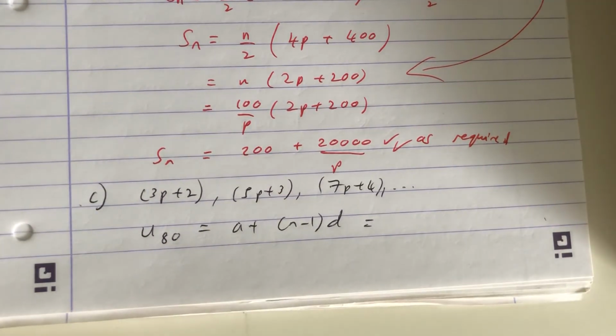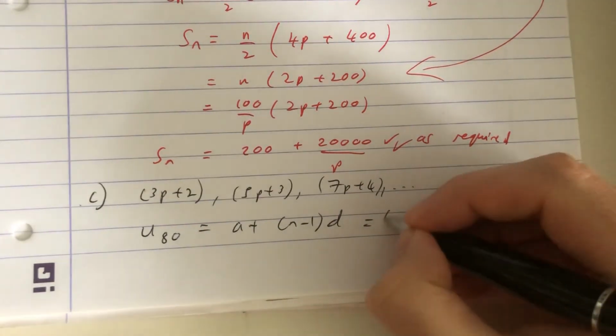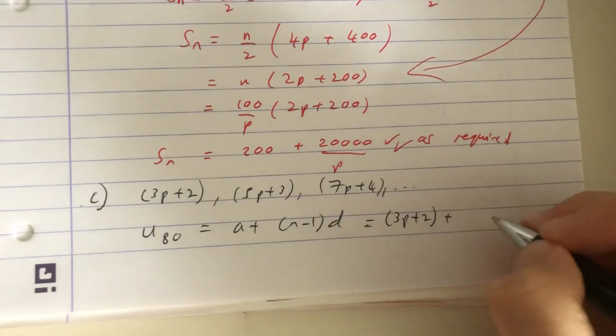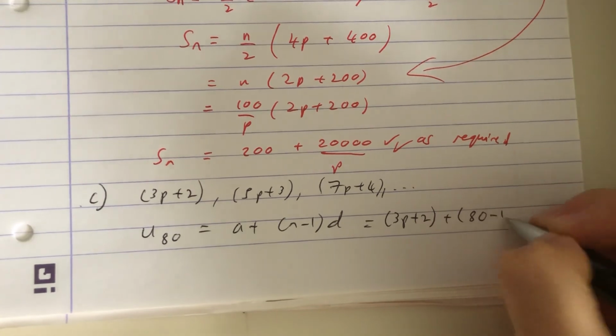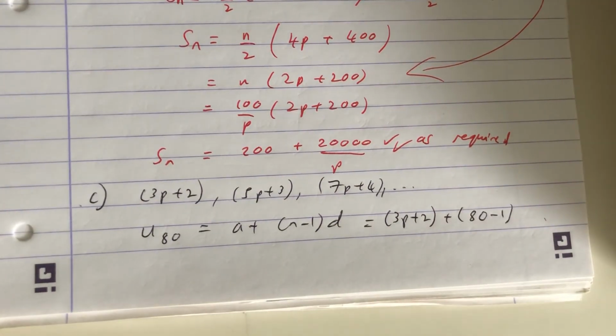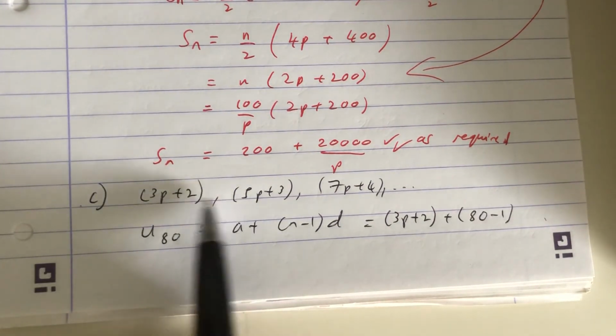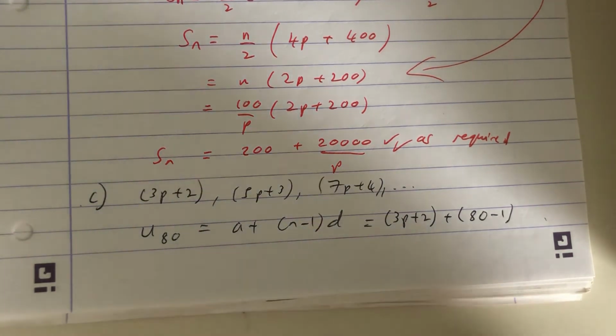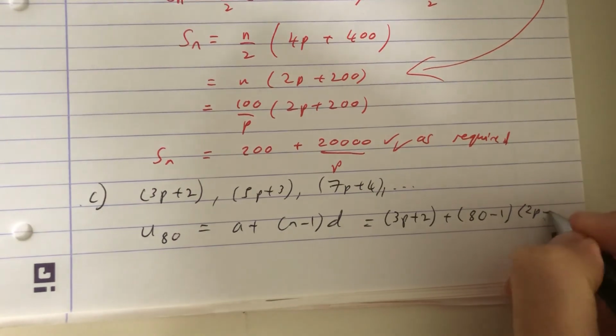The first term in this sequence is 3p plus 2. The term you want to find out is 80, so it's 80 take away 1. And the common difference would be the difference between consecutive terms, which looks like it would be 2p plus 1.